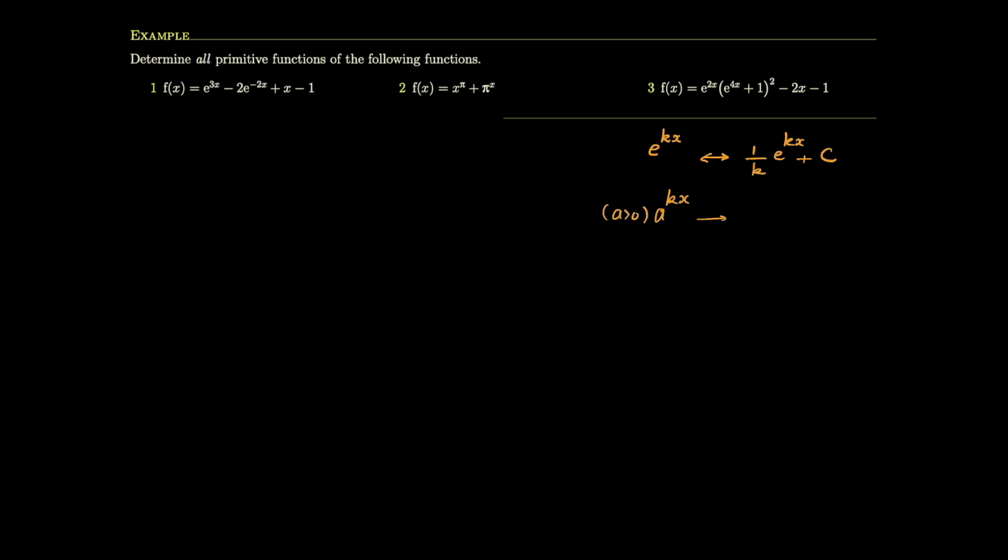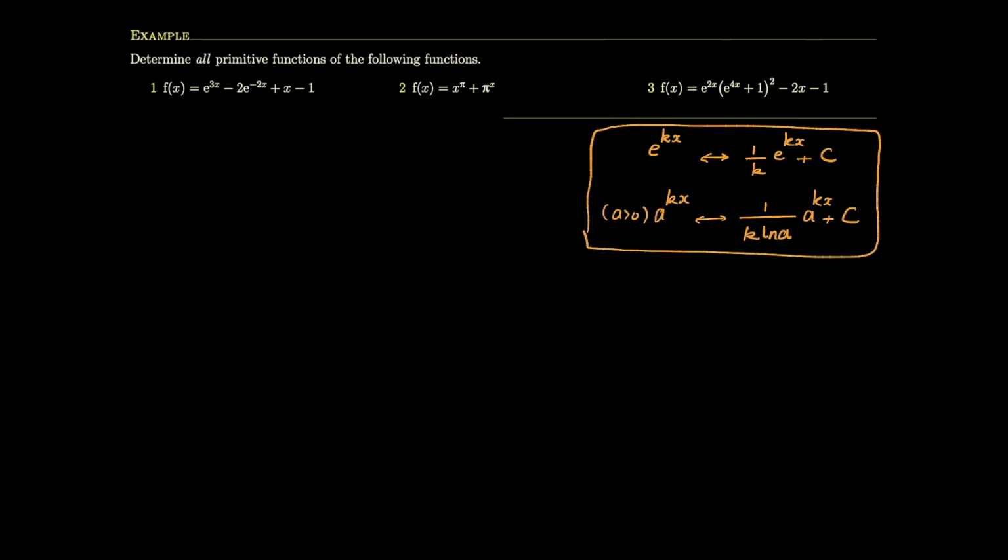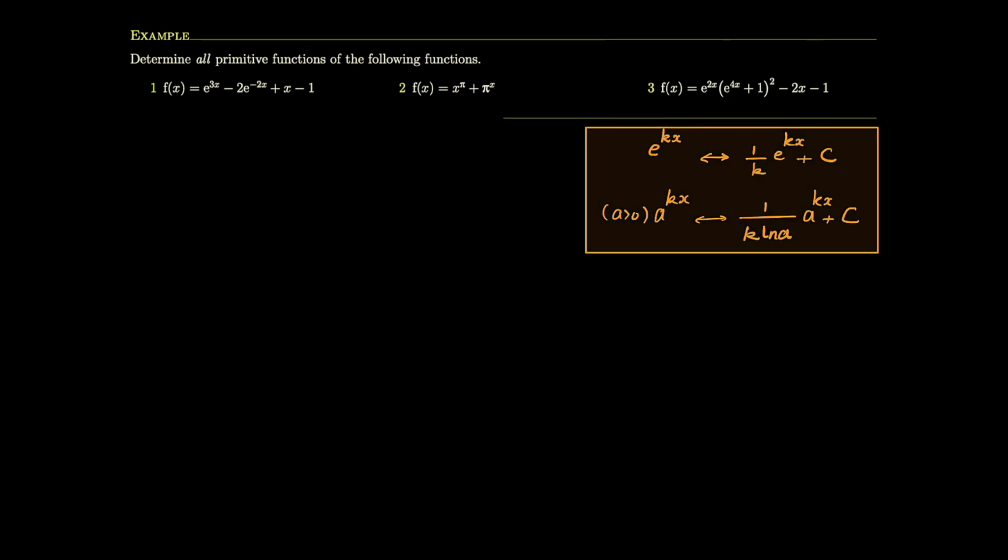It was a little bit more complicated. I have of course 1 over k, the function repeating itself, but there was something more here, and that was ln of a. Don't worry if you forget the formulas, they will be given to you.